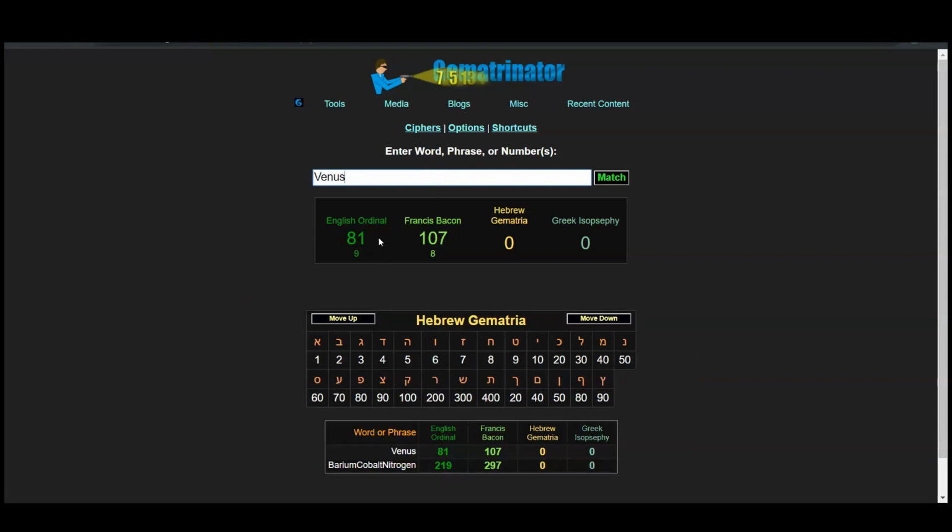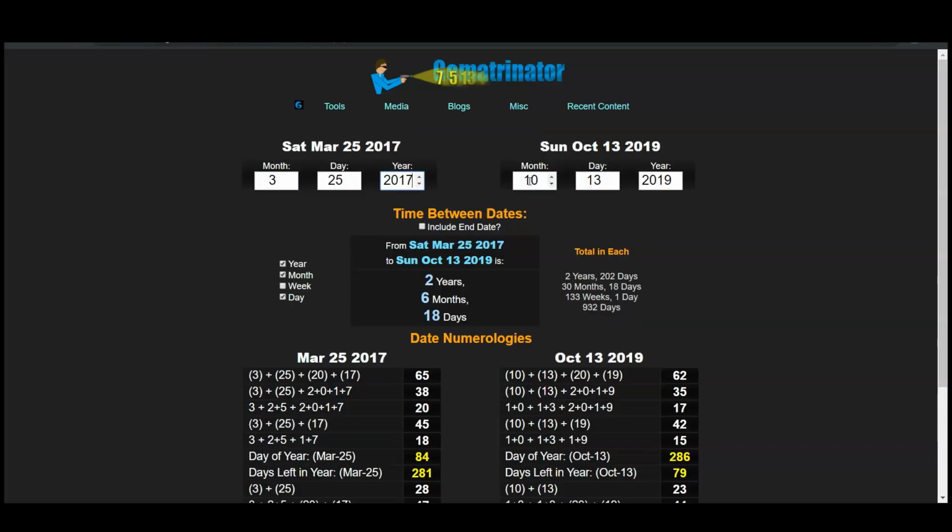Venus sums to 81 in the English ordinal system here, English ordinal cipher. So if we go 81 days after the beginning of the 31st pentagram, that gets us to June 14th, 2017, and that is Trump's birthday.